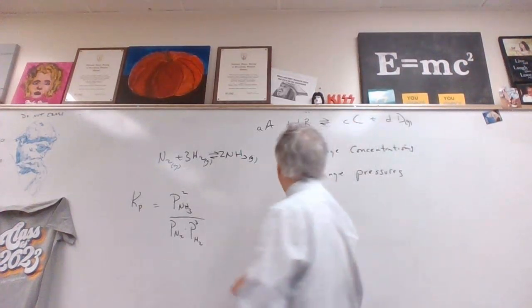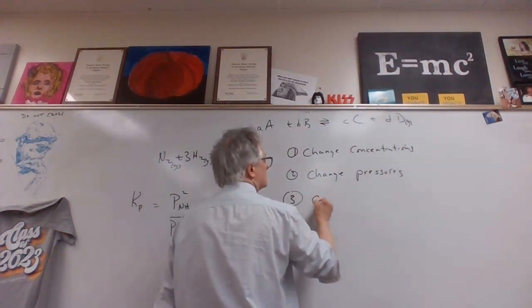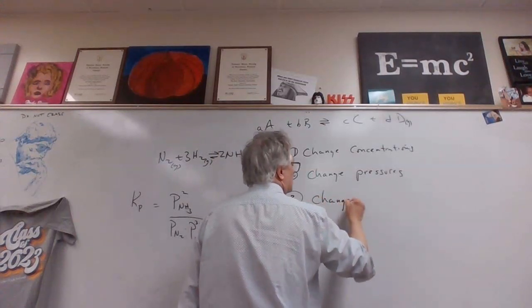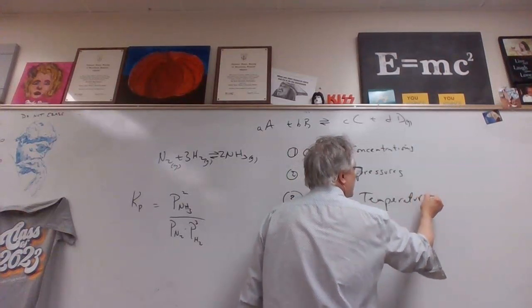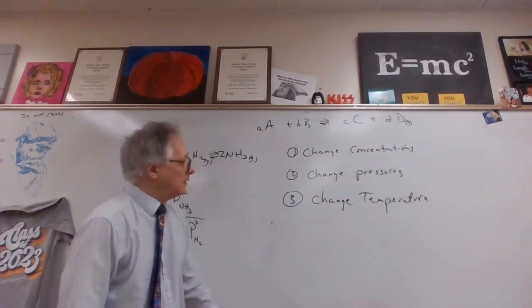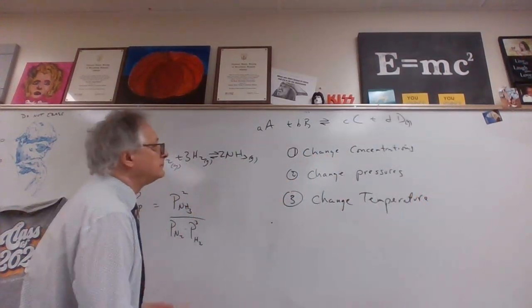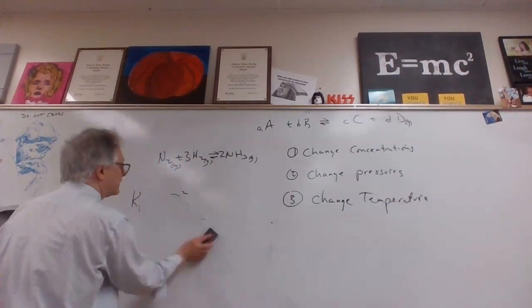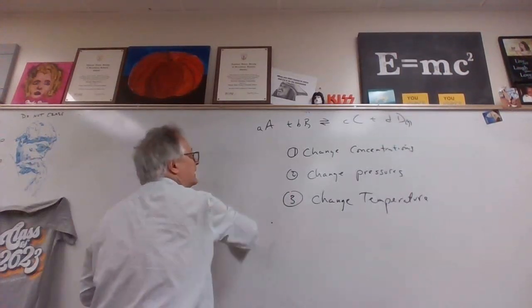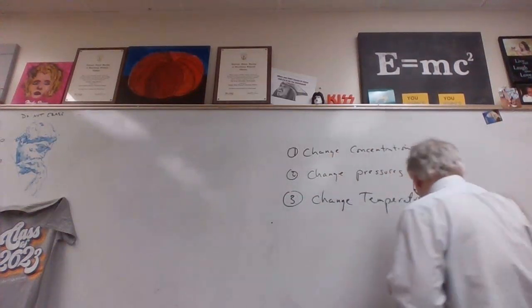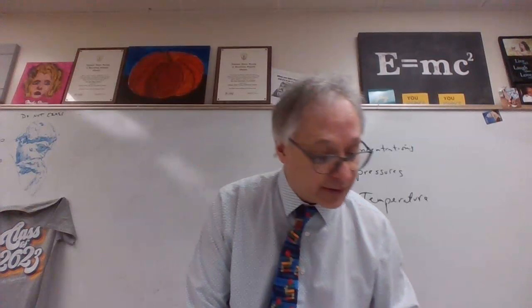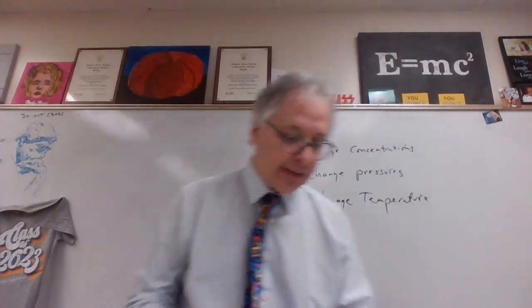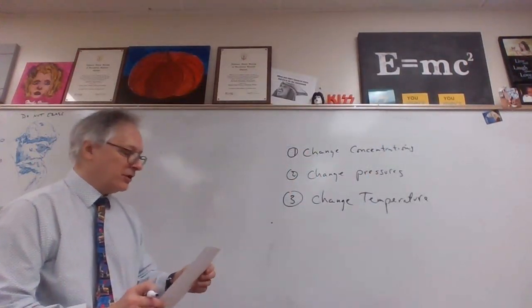One more thing we can do: change temperature. Some reactions are exothermic. In other words, they give off heat. Let's see if I can just look at the sheet here. Yeah, let's take a look at question 3.